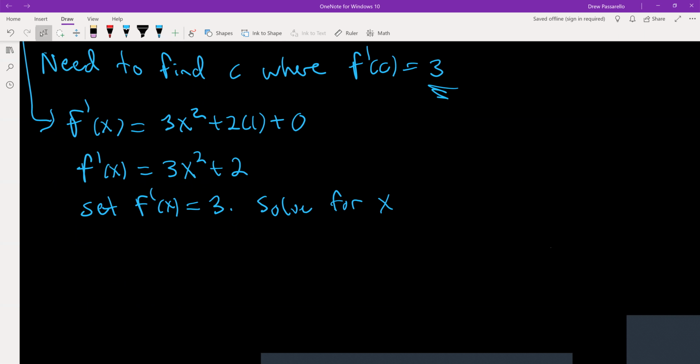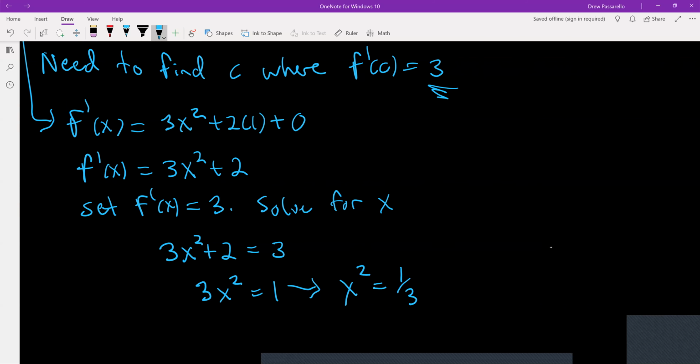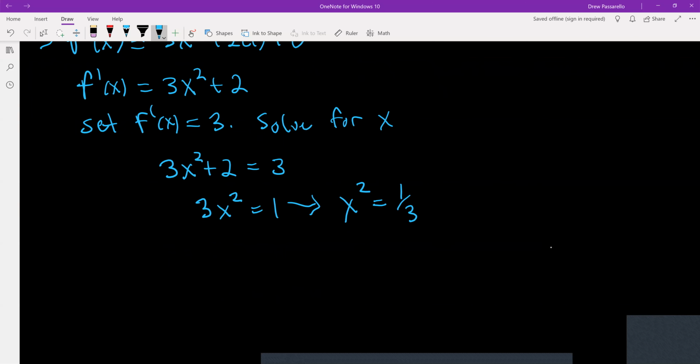So 3x squared plus 2 equal to 3. If I subtract 2 from both sides, that's going to give me 3x squared equal to 1 as the result. And then I divide both sides by 3. So that's going to give me x squared equal to 1/3. And then I square root both sides. So that's going to give me x is equal to plus or minus the square root of 1/3.